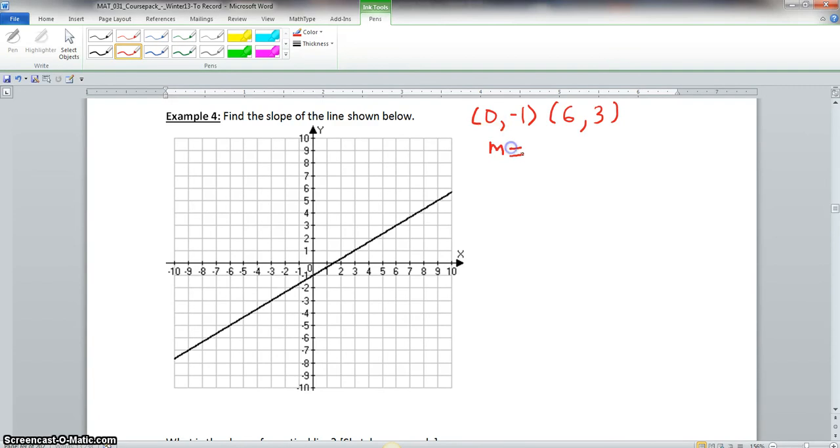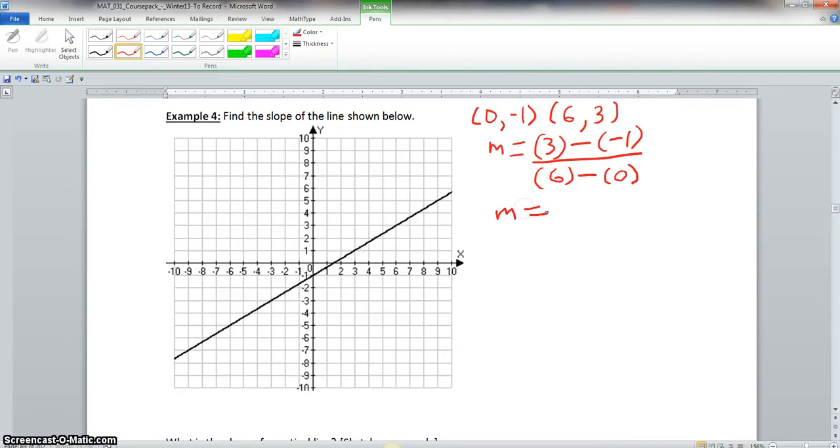So our slope, we will have y2, which is 3, minus y1, which is negative 1, all over x2, which is 6, minus x1, which is 0.